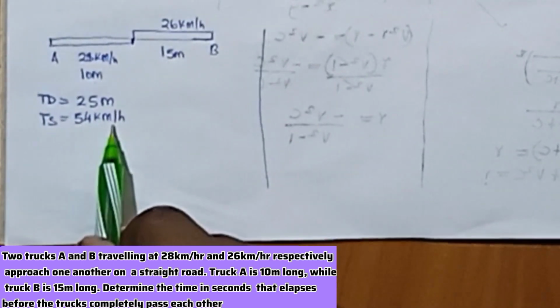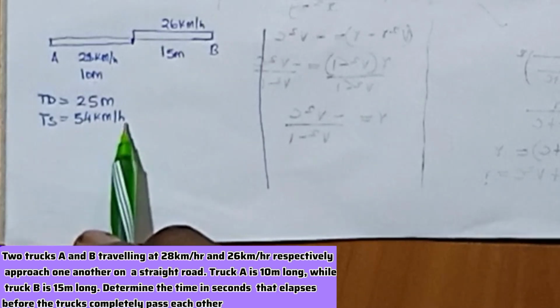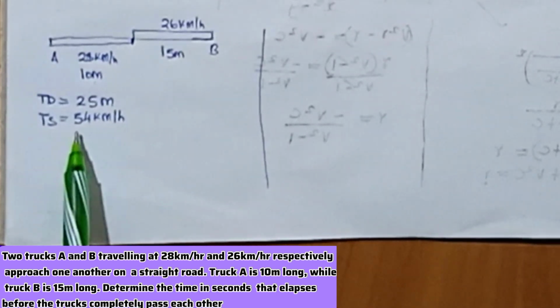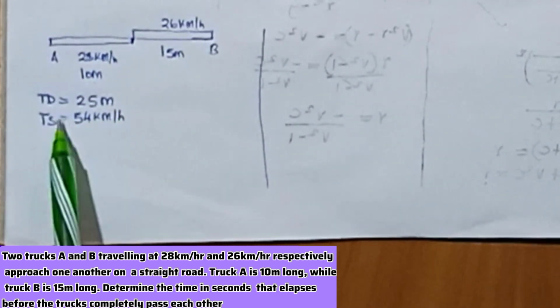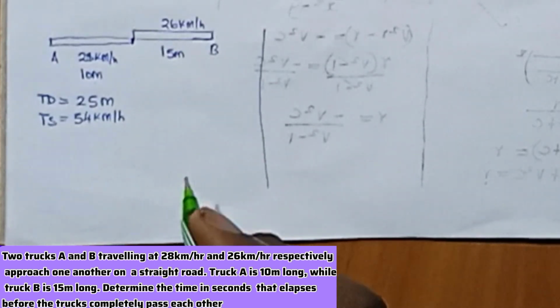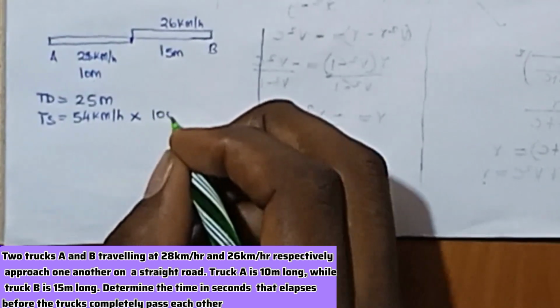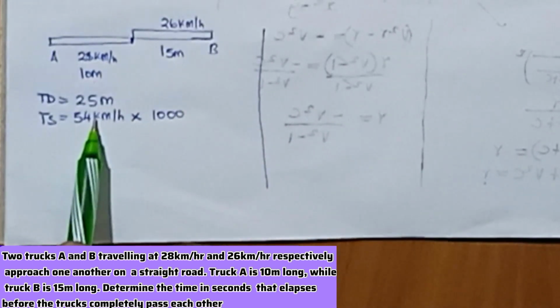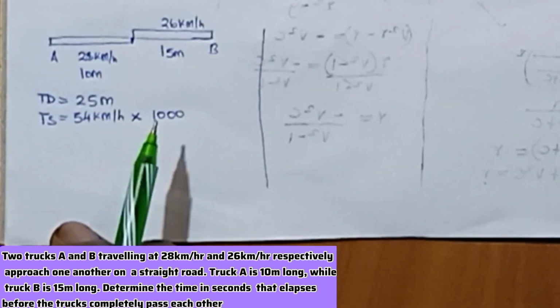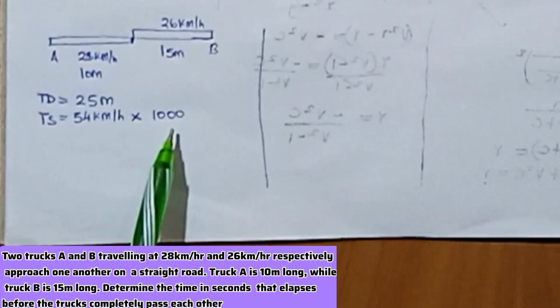So this is the speed, but we need the speed to be in meters per second. So we will convert this speed into meters per second, and we're just going to multiply by 1000 so that it can be in meters, because we know 1 kilometer is equal to 1000 meters.